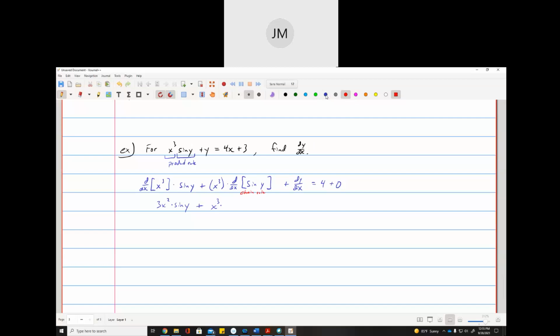The chain rule says, take the derivative of the outside function. So if I have sine of stuff, the derivative is cosine of stuff. I plug in the same inside function, and then I multiply by the derivative of the inside stuff. Well, if the inside is y, then the derivative of y is just, this is how I write derivative of y, dy dx. I got a little sloppy over here. Let me fix that.